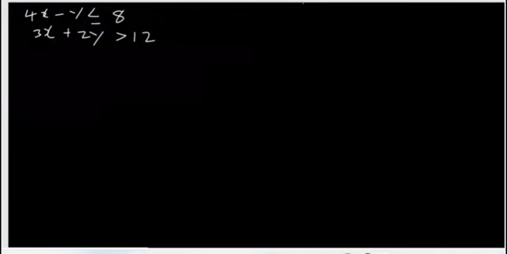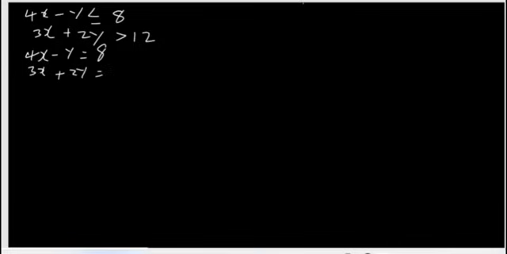The parent equation here is 4x minus y is equal to 8. And the parent equation for the second one is 3x plus 2y is equal to 12. These are the parent equations.